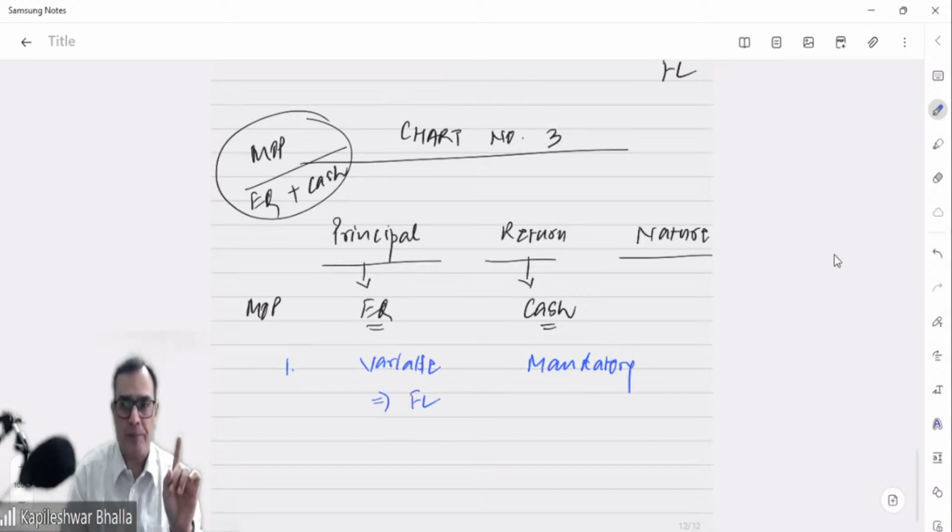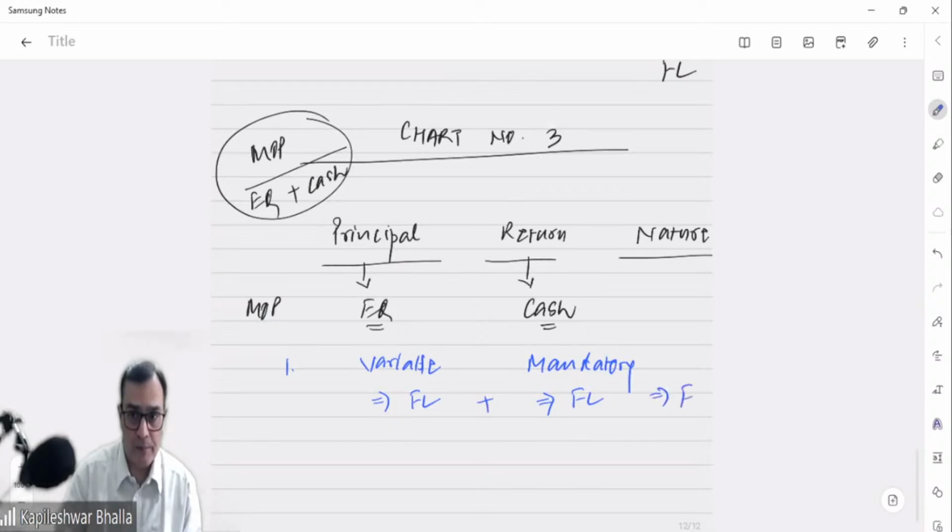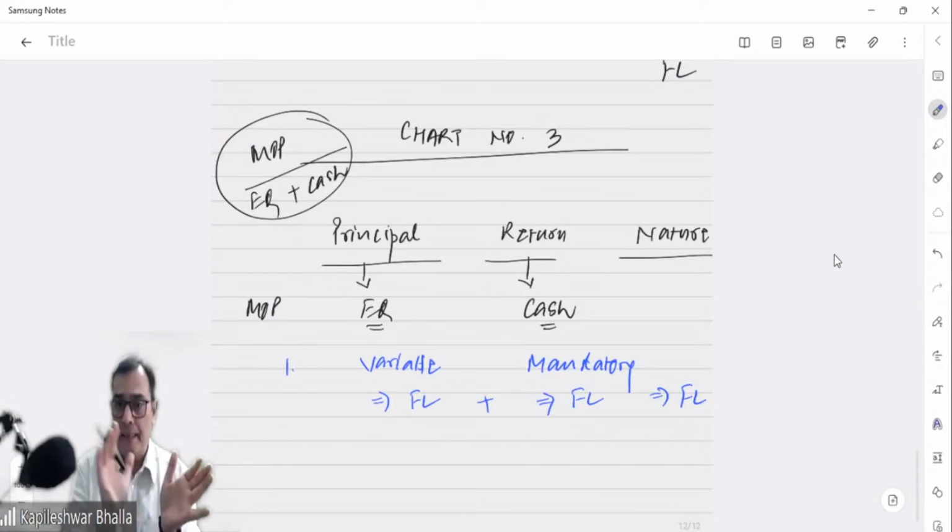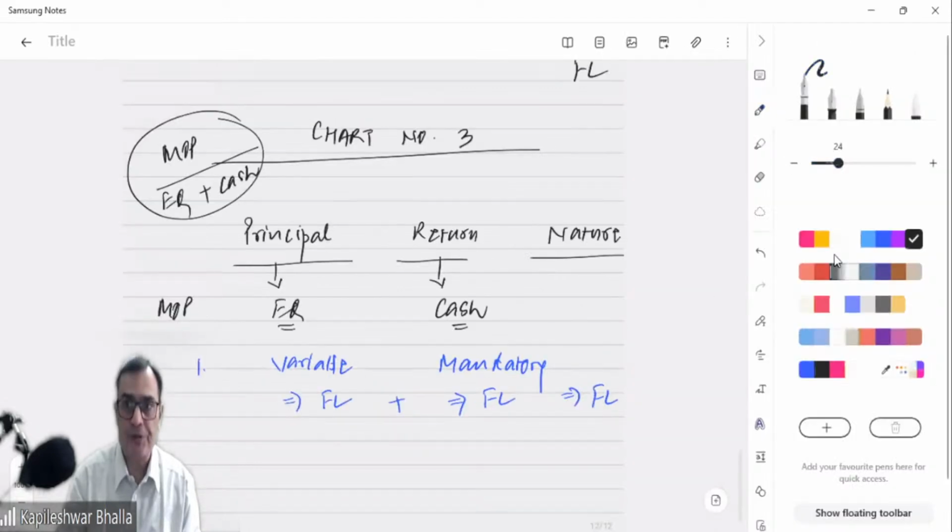You're running the three-step model separately for the principal: variable number, financial liability. And if it is mandatory, it is again a financial liability, an unavoidable obligation to pay cash. So when you add the two components, it becomes a financial liability, right? I guess pretty clear. Variable number of equity shares is FL. Mandatory payment of return in cash is FL. Both the components are FL. That makes it FL.